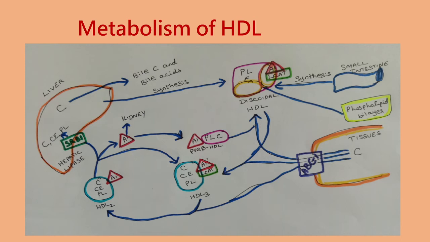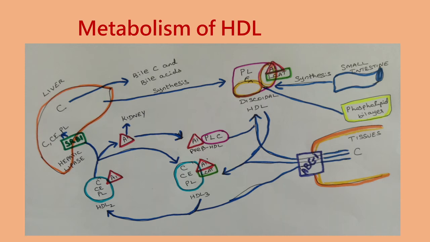The pre-beta HDL is the most potent form of HDL in inducing cholesterol efflux from the tissues to form discoidal HDL. So again, it helps to synthesize discoidal HDL.